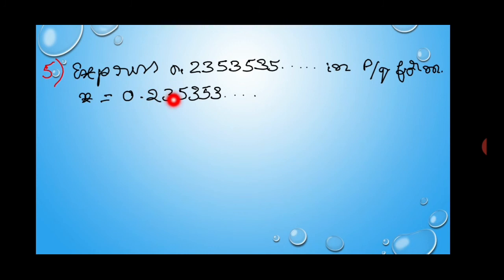And here we can see 2 3, these two digits are not repeating, so they are non-repeating. Therefore, we have to bring these two non-repeating digits to the left side of the decimal point.